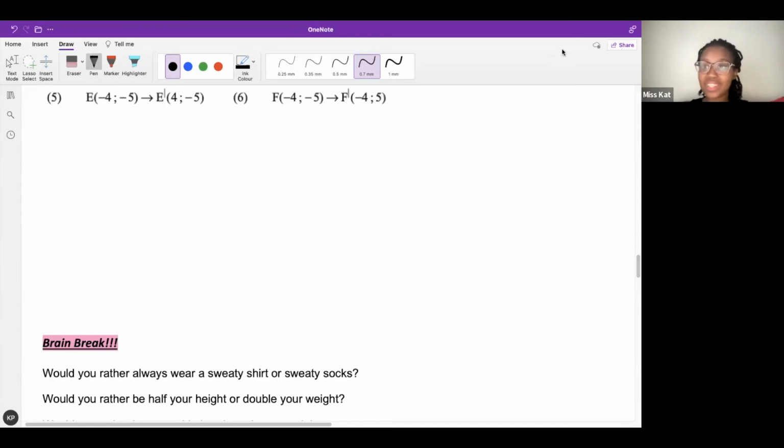Hey guys, if I was half my height, nah, I'd be a dwarf. And I'm short, so I'll be even shorter, so it's fine. That's what I'm saying. I would be like this big, so I can't even do it. I would literally be a minion. So I can't do it. I'd rather double my weight. Imagine, guys. Oh my goodness.